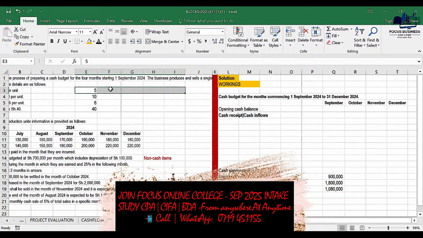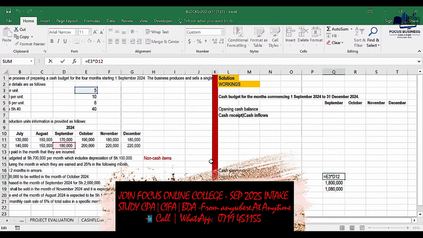You can see in these other cells, do we have values here? No. So in computing this direct material cost, there is something which will not change. This direct material cost per unit will not change. So therefore, I can just lock this one.